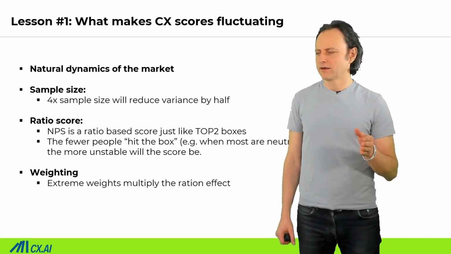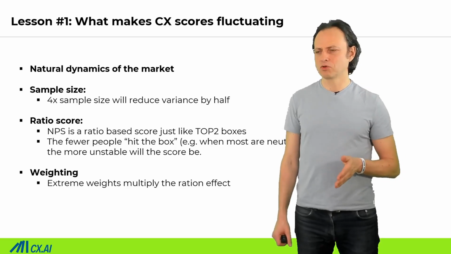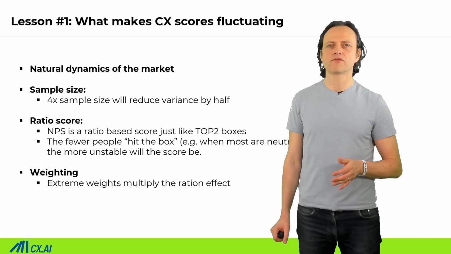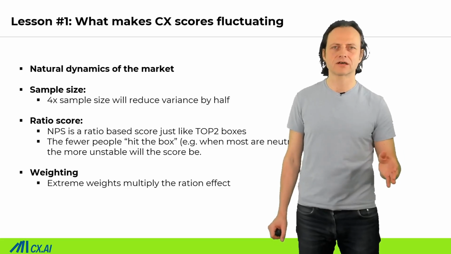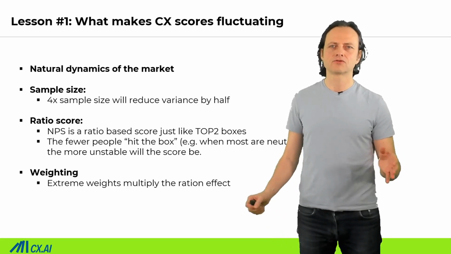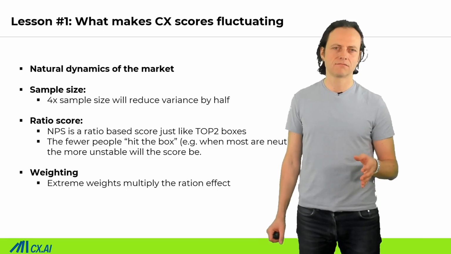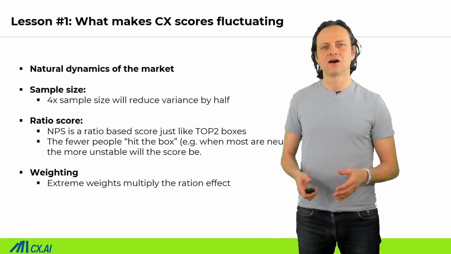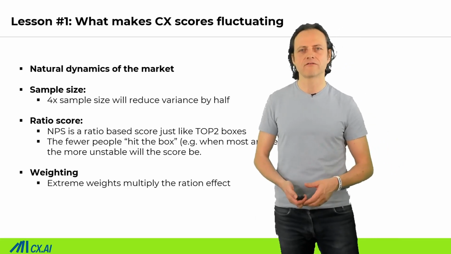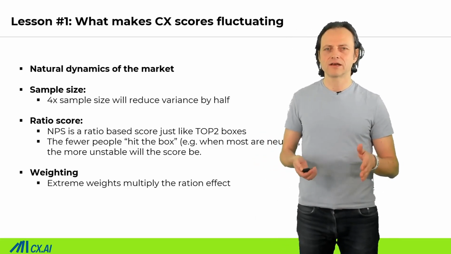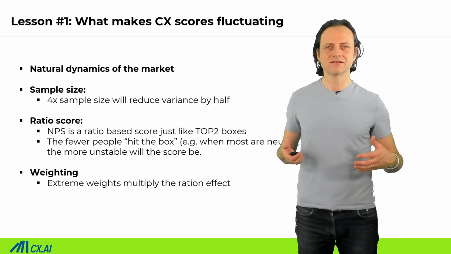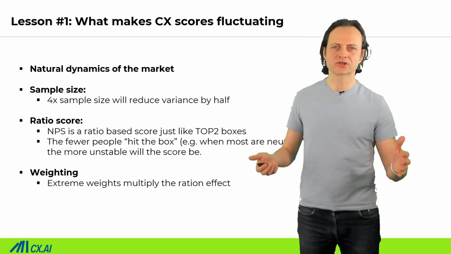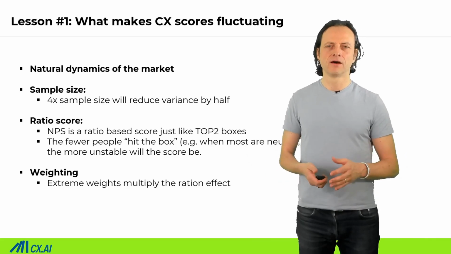If from these 5 promoters, suddenly 2 of them are high-value customers, but typically you would expect half that in this segment because of the low likelihood that someone is a high-value customer, and this then gets a weight of 10, suddenly you have a virtual 20% of promoters.